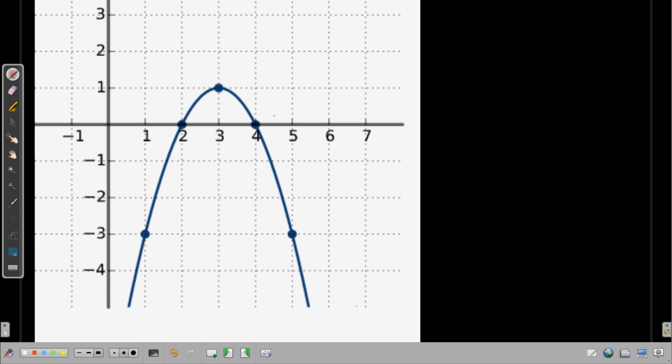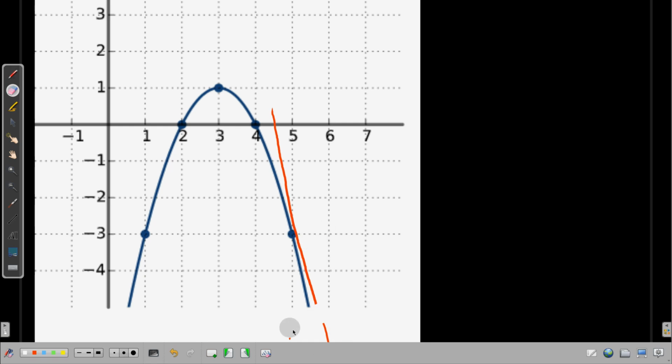Okay. So at 5, it appears to be a bit more than -2, doesn't it? If I kept going here, it's clearly more than -2.